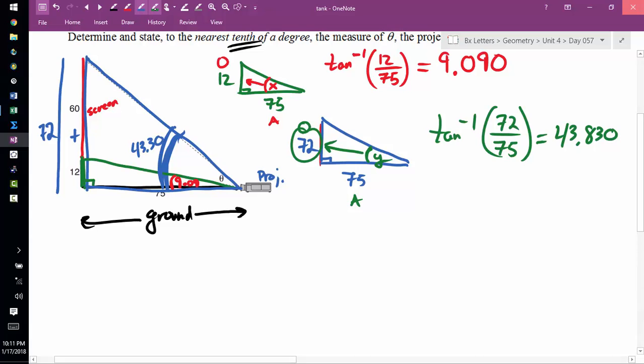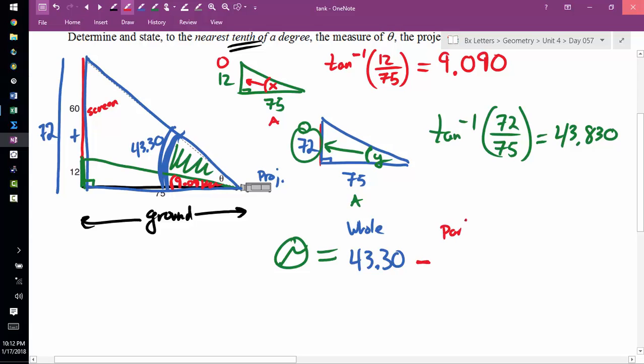So to figure out this remainder theta, and I'm calling that the green, theta is going to come from taking the whole angle, 43.830, and we have to remove that small angle. We have to subtract the part at 9.09, and that will tell us theta.